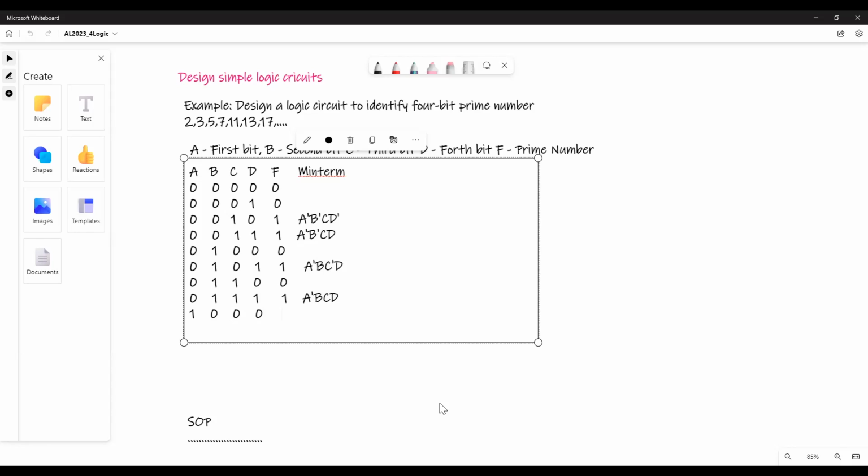That is 8, it's 0. Then 1, we have 0, 0, 1.